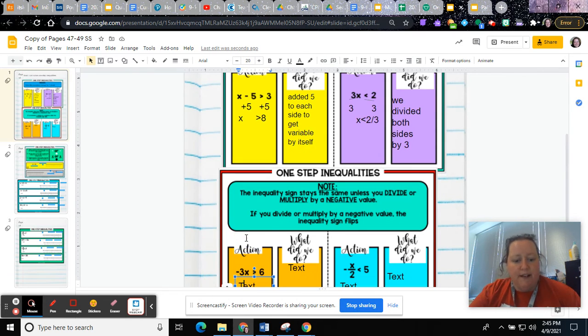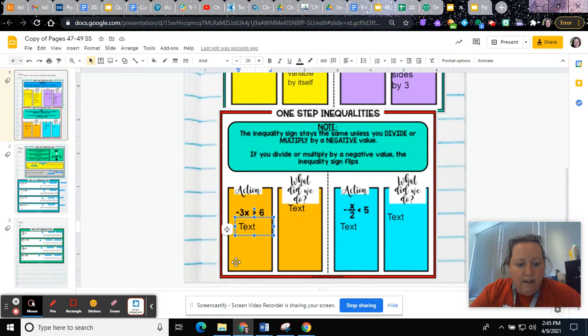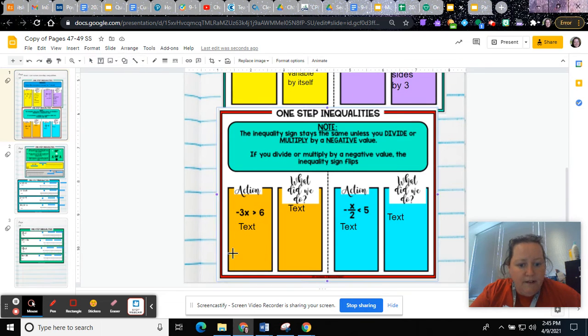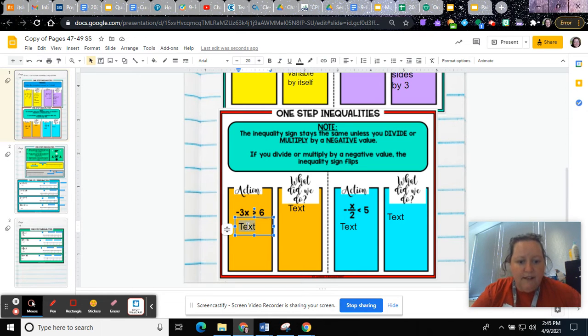So here's what this looks like. Draw our lines down here. We are dividing both of those sides by a negative 3. When you do that, those cancel, so you're left with x. 6 divided by negative 3 is negative 2.